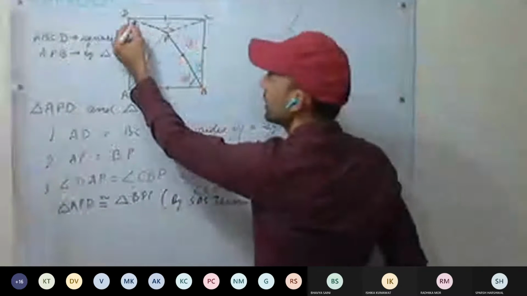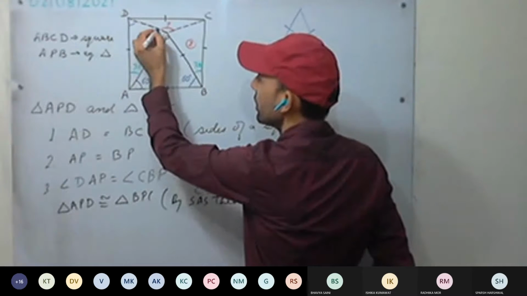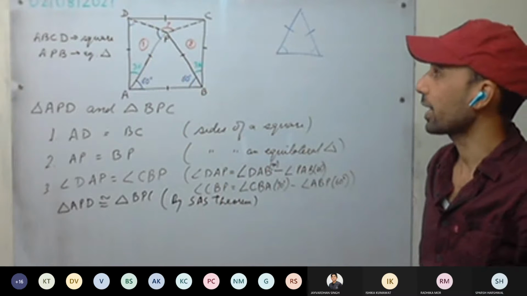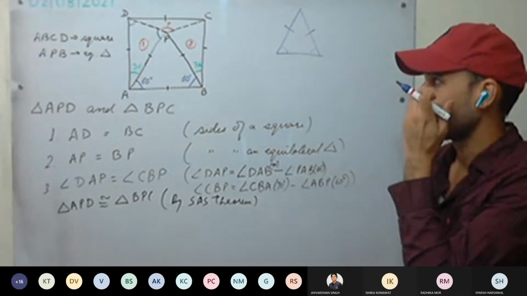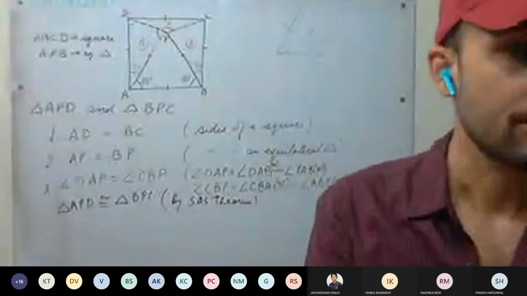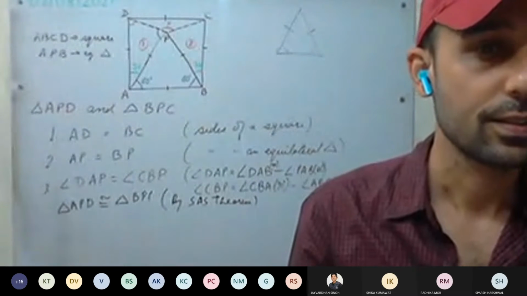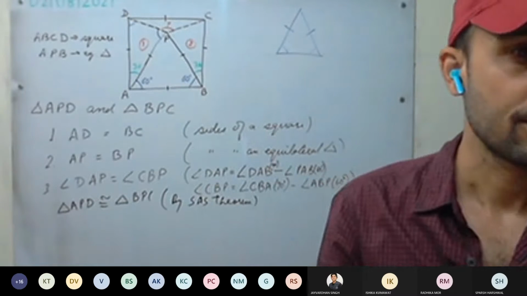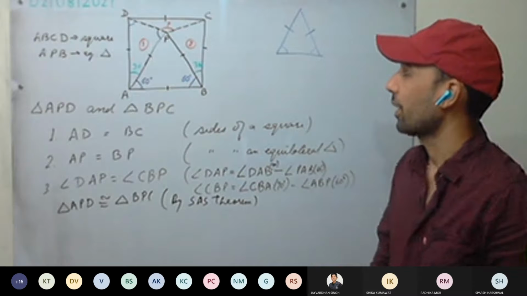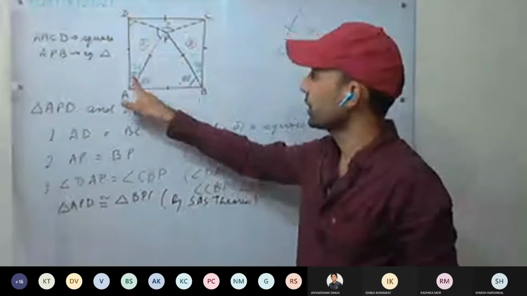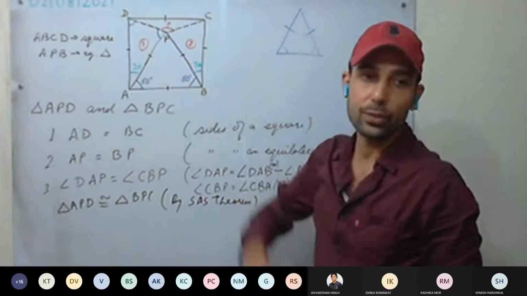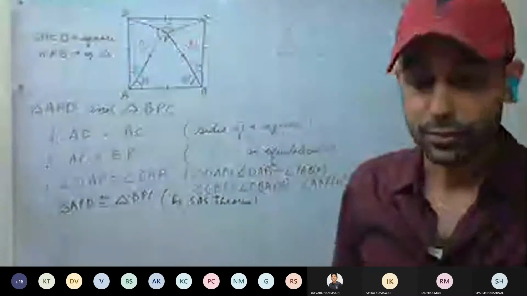So these two angles are equal. Calculate them. How are you going to calculate? 180 degrees total.